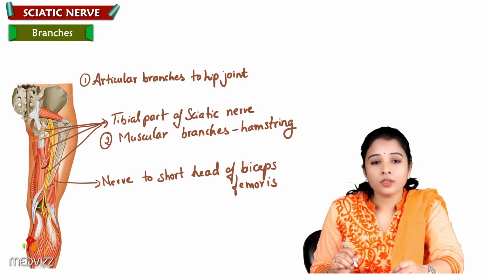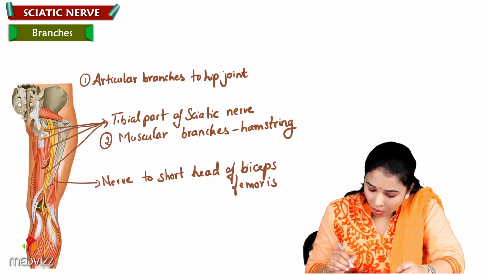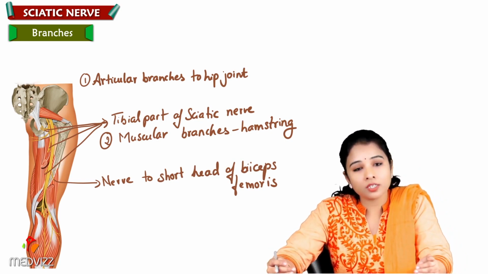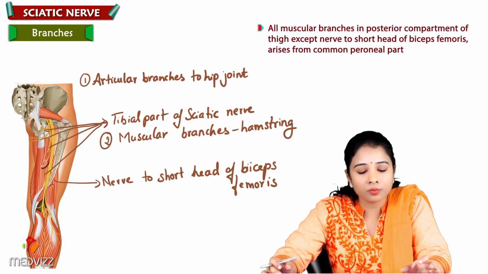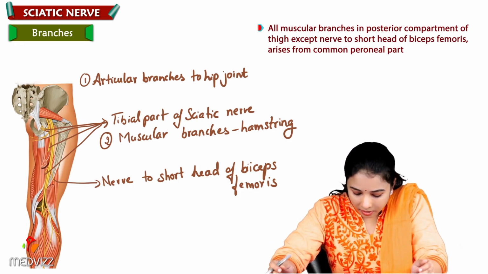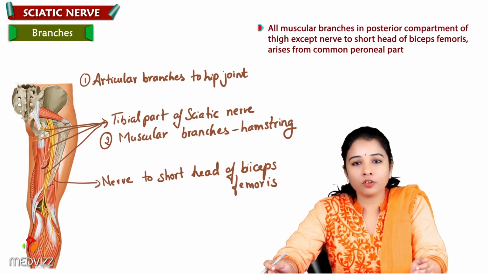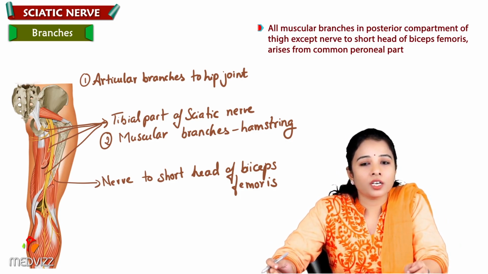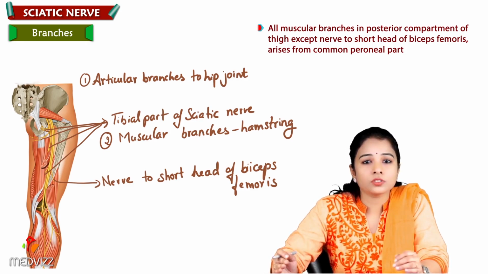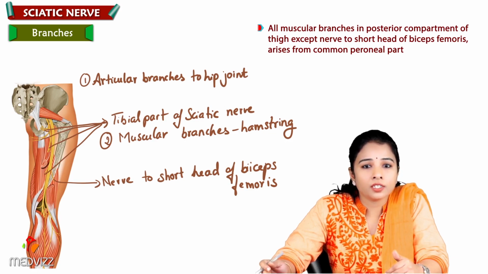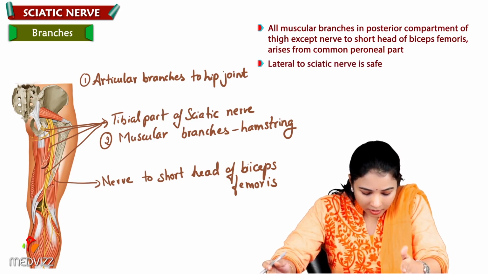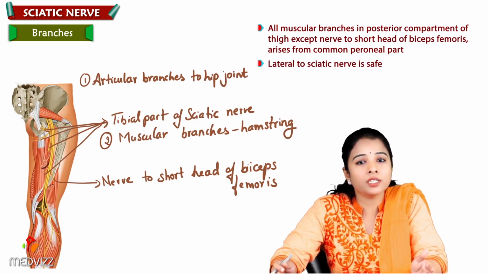So this nerve is a branch of the common peroneal part. So the tibial part gives rise to the rest of the branches, that is all the muscular branches in the posterior compartment of the thigh, except the nerve to the short head of biceps femoris, which arises from the common peroneal part of the sciatic nerve. Therefore, the side lateral to the sciatic nerve is safe, because we can see it gives rise to all branches on its medial aspect.